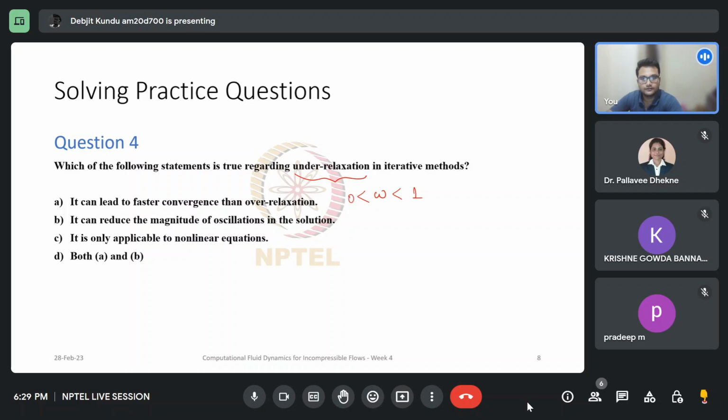So which of the following statements is true regarding under relaxation in iterative methods? Option A, it can lead to faster convergence than over relaxation. Is it option B, it can reduce the magnitude of oscillations in the solution? Option C, it is applicable only to nonlinear equations. Or is it option D, both A and B?